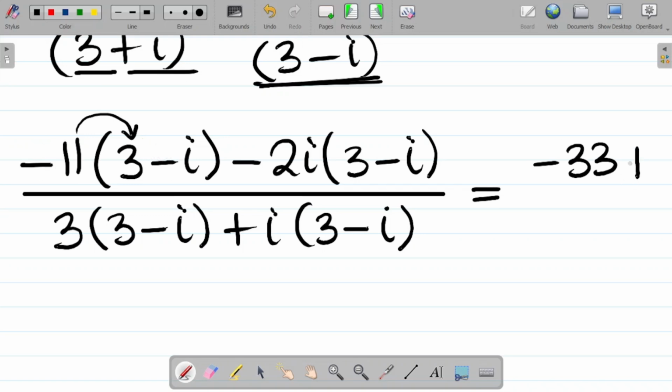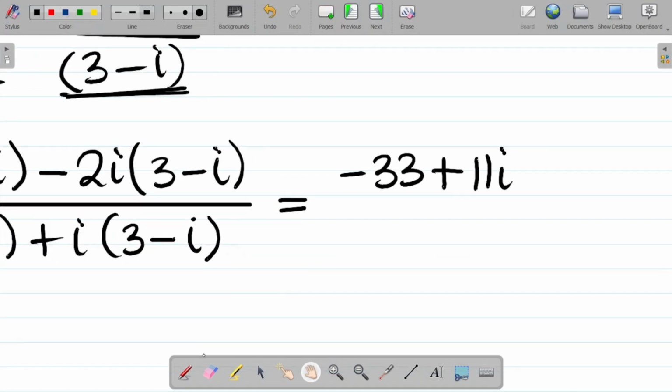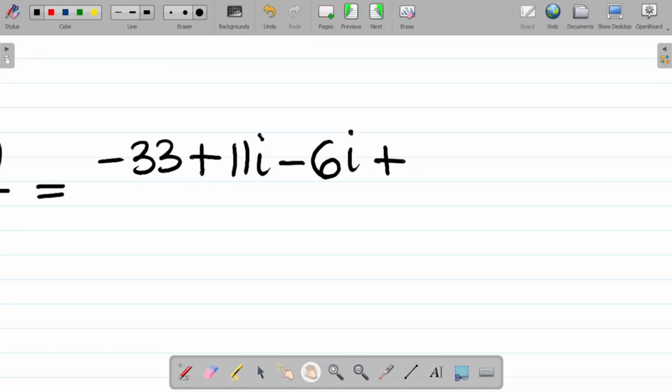So I have plus 11 times i, which gives you 11i. With that one sorted, let's move on to this one here. Minus 2i times 3 gives you minus 6i. Minus times minus gives you plus, so it becomes plus 2i times i, which gives you 2i squared. So that's for my numerator.